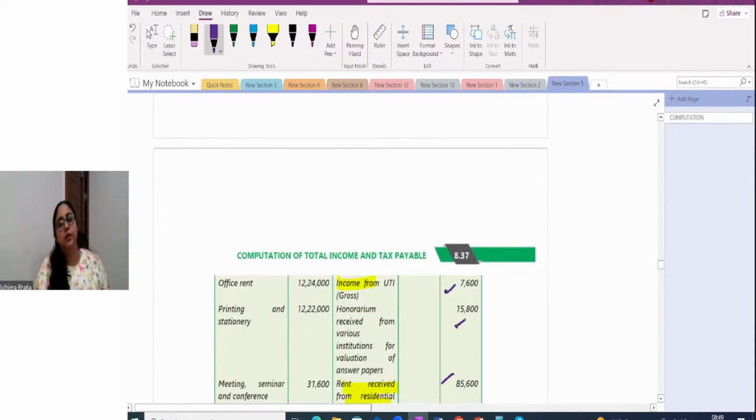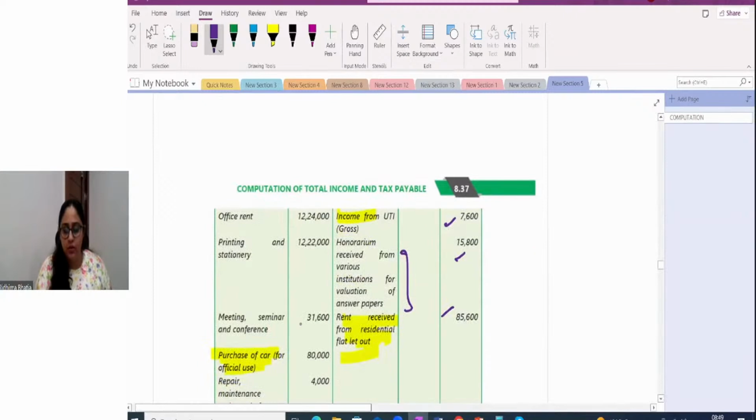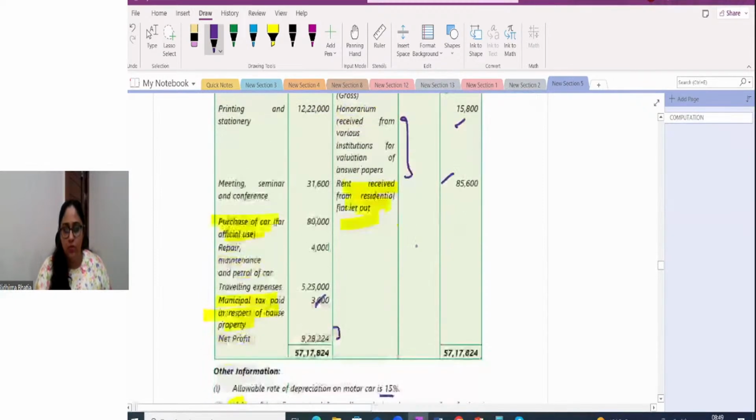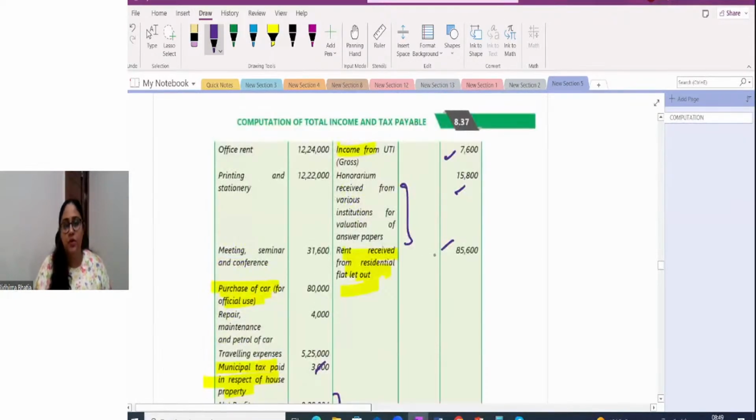Honorarium 15,800 you can reduce from here. Please remember to show it in your other sources. Rent received also will have to be reduced, 85,600. Any doubt?